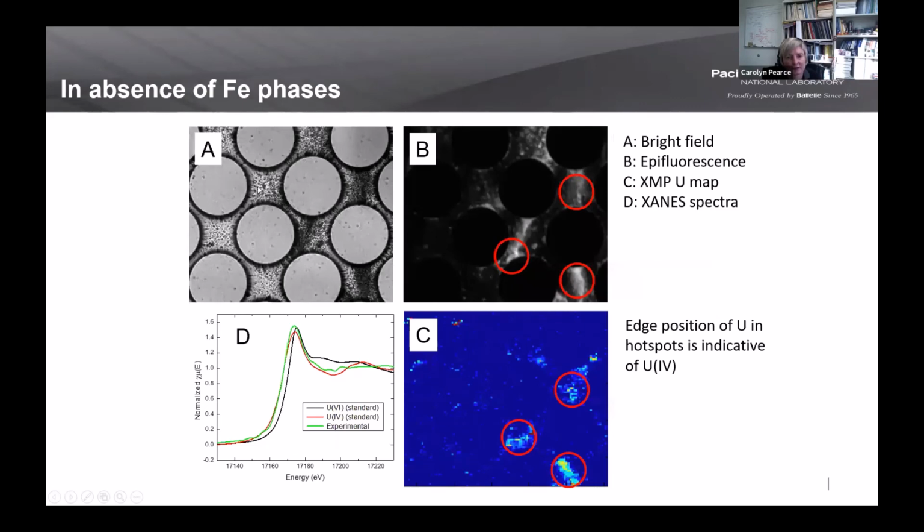So you can see these are the pore spaces within the micromodel. This is the Geobacter growing in those pore spaces, and this is the uranium associated with the metal-reducing bacteria. And we could determine that we were getting reduction of the uranium, and it was actually present as uranium-4.